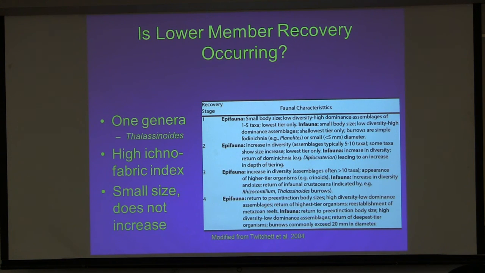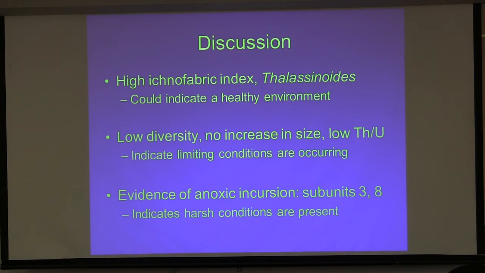So what do we have? We have one genera, which is recovery stage 1. However, that one genera is a higher tier, higher oxygen needing thalassinoides, which would put us in recovery stage 3. The high ichnofabric index would put us in recovery stage 3. The small size, however, and the fact that it does not increase puts us in stage 1. So we sort of have a mixed bag of things going on here.